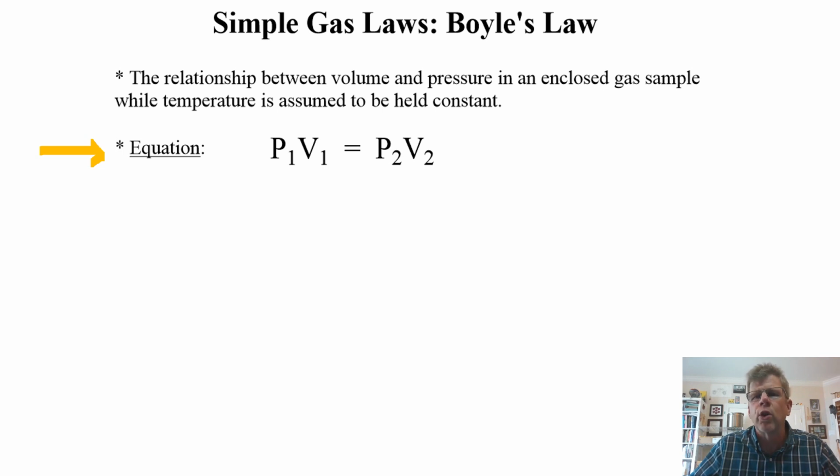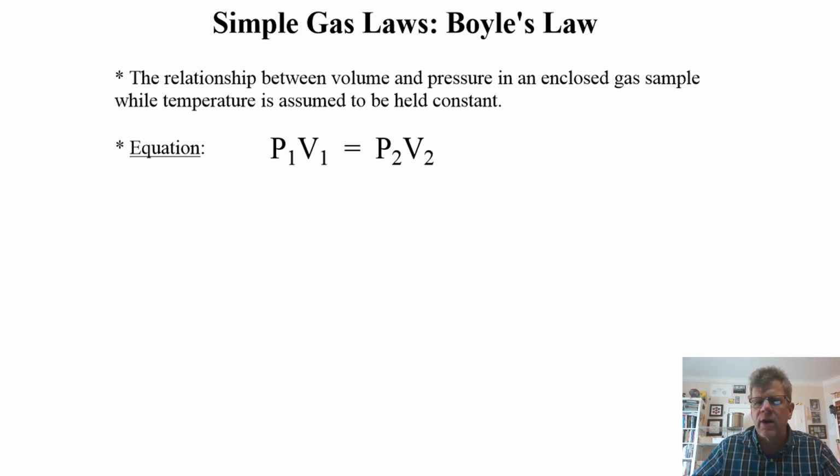And it has to be an enclosed gas sample, all of these do, while the temperature is assumed to be held constant. The equation is given as P1V1 equals P2V2. Essentially, anything with the subscript 1 means our initial set of conditions, and anything with the subscript 2 means our final set of conditions.